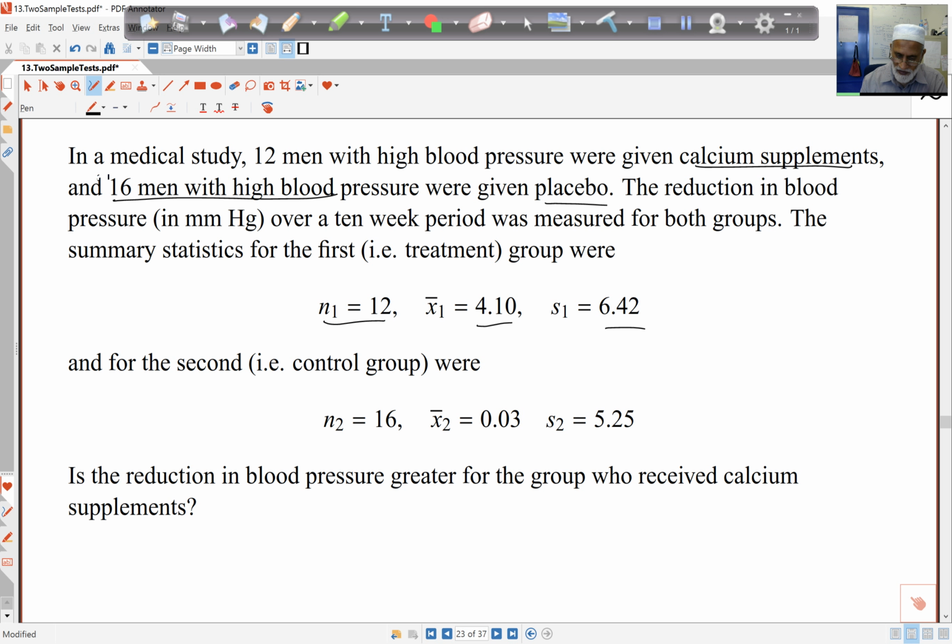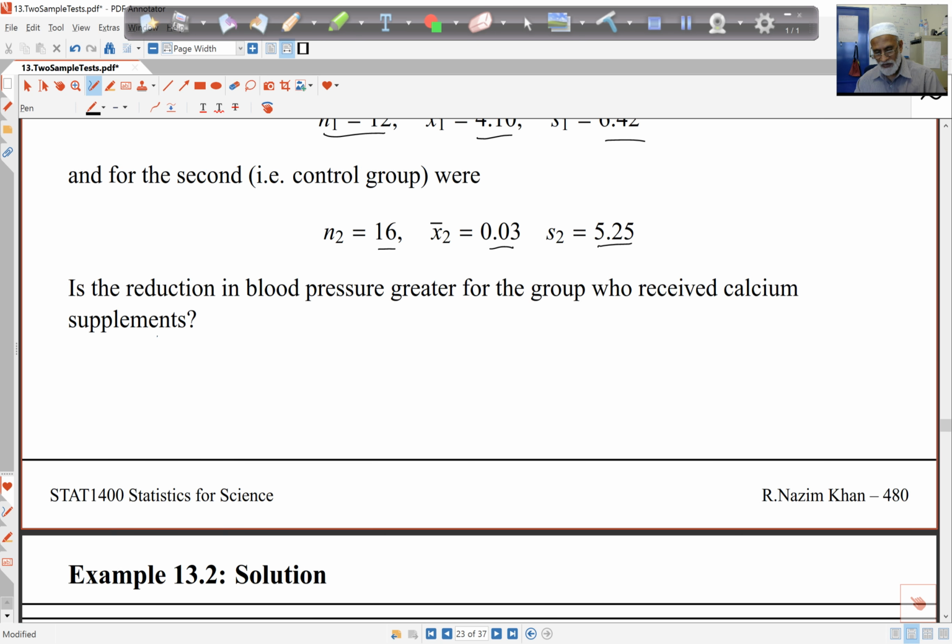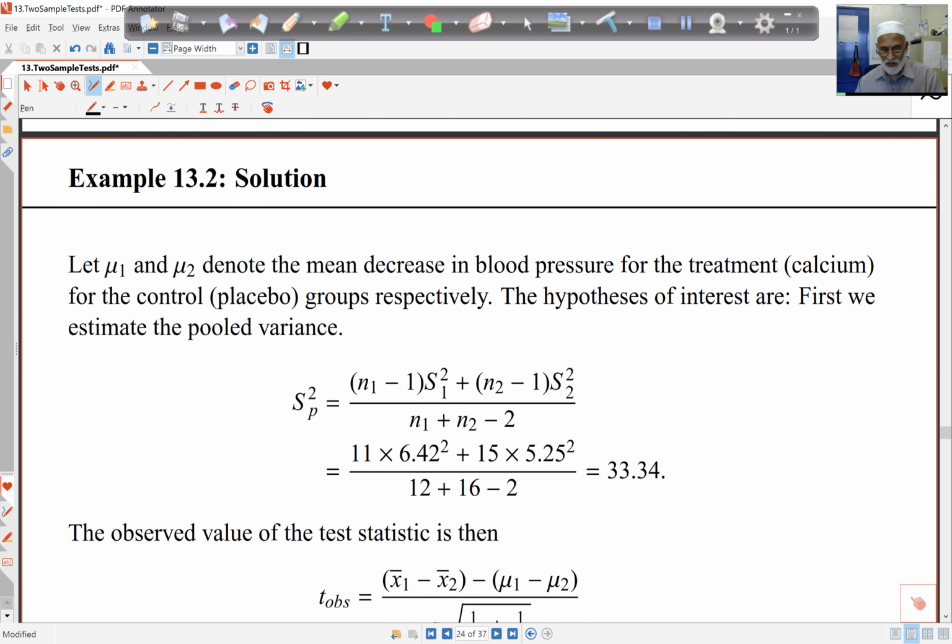For the second group, 16 men, the decrease was 0.03, and the standard deviation is 5.25. So the question is, is the reduction in blood pressure greater for the group who received calcium supplements? I model that with mu1 and mu2 as the decrease in blood pressure for the calcium group and the placebo group.